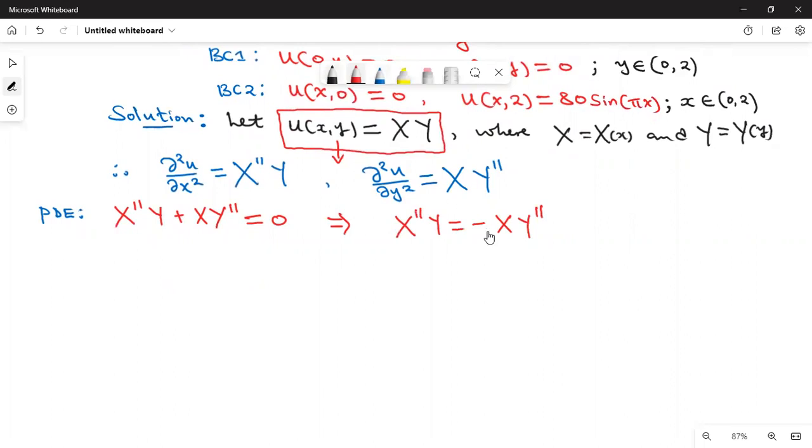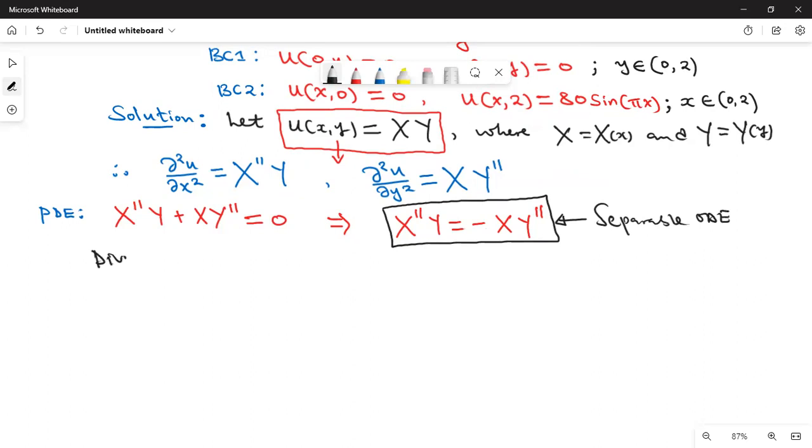Now what we have here is a separable ODE. This one is a separable ODE, and so we can separate the variables by dividing both sides by X times Y. So how do we separate the variables?